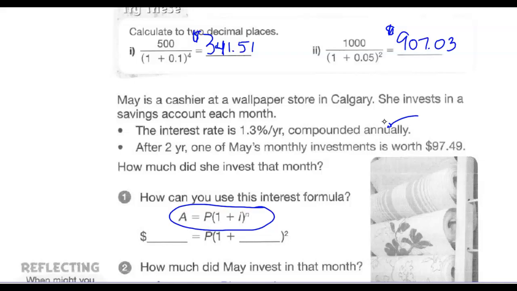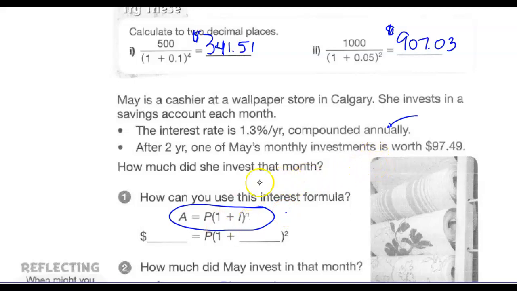Okay, so what did she invest that month? For this particular investment, there are things called annuities that you invest in, and you can break it up into each investment. We're keeping it pretty straightforward. We're just looking at the compound interest formula for one investment.